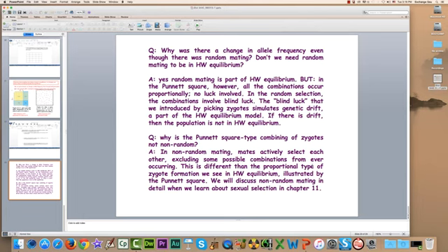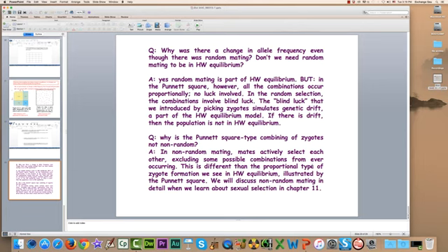And so why then is the Punnett square type of combining zygotes not non-random? Okay, it's a little weird there. It's not non-random because it's proportional, but in theory, every egg and sperm in that population had an equal probability of mating, crossing and forming a zygote with any other sperm or egg. In true non-random mating, the mates actively select each other, excluding some possible combinations from ever occurring.